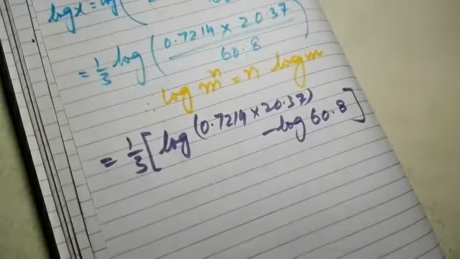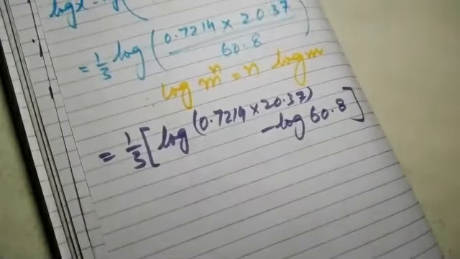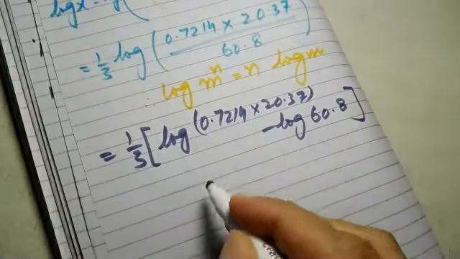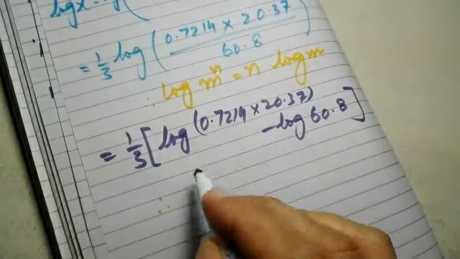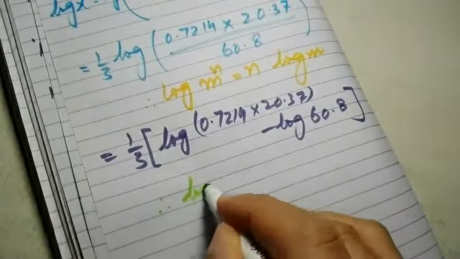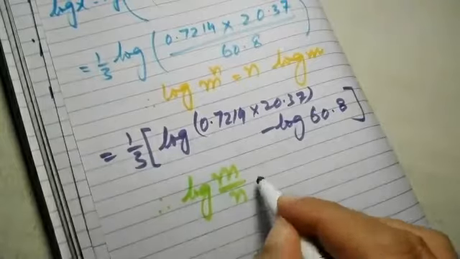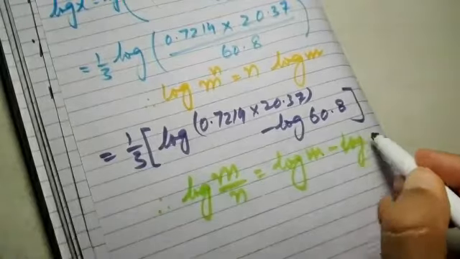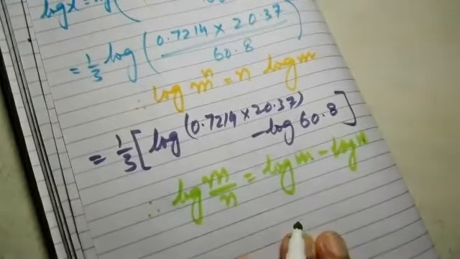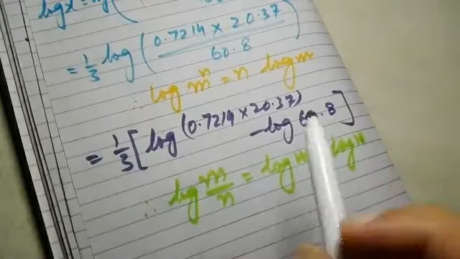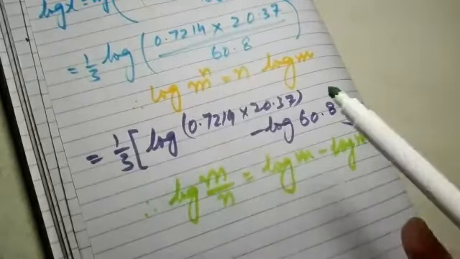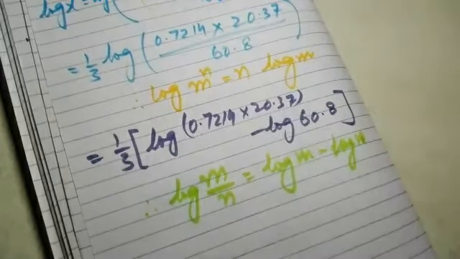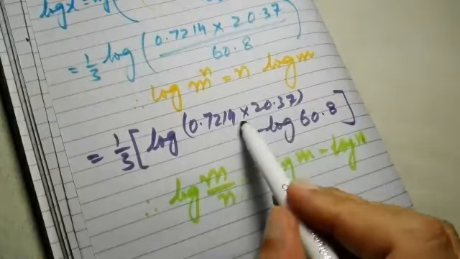This is law number two. The second law states that if we have a fraction, then the logarithm is written as a difference of logarithms. Because of that law, I have written minus log 60.8, and the numerator is as it is. The numerator itself contains a product of two terms.